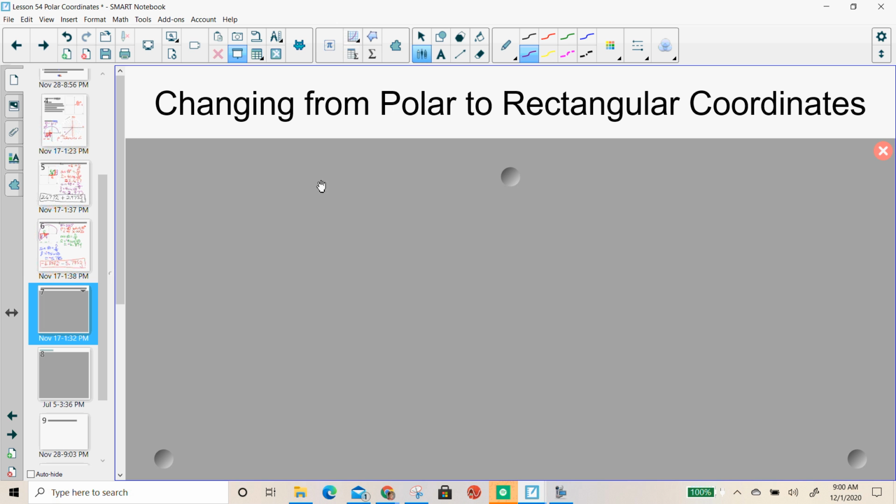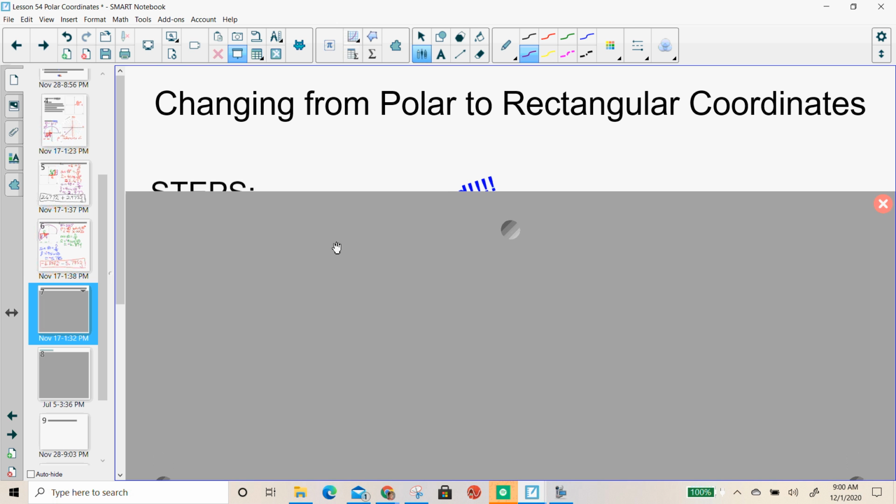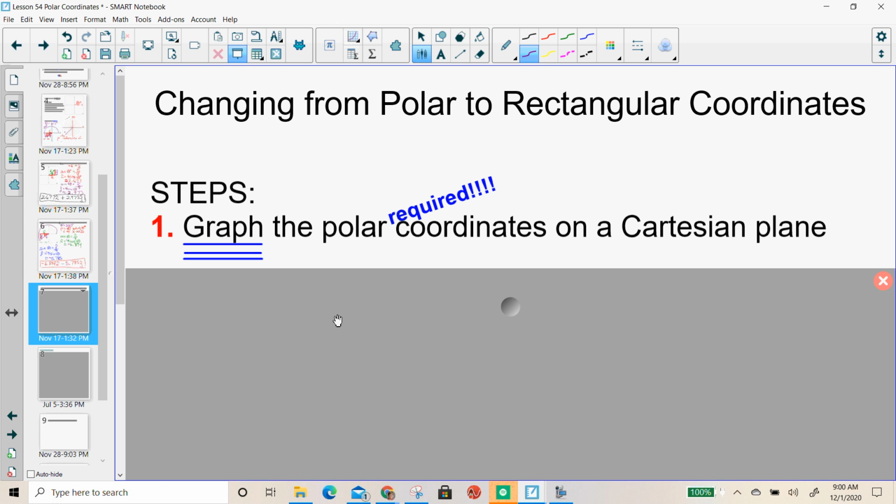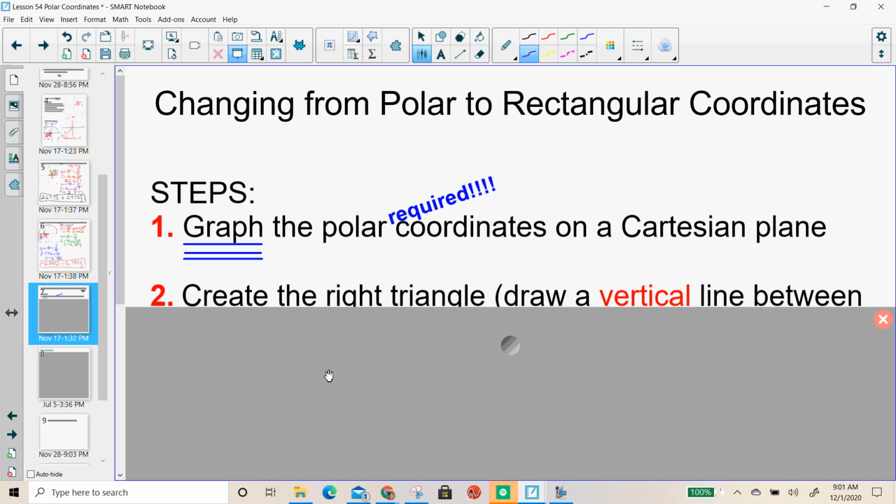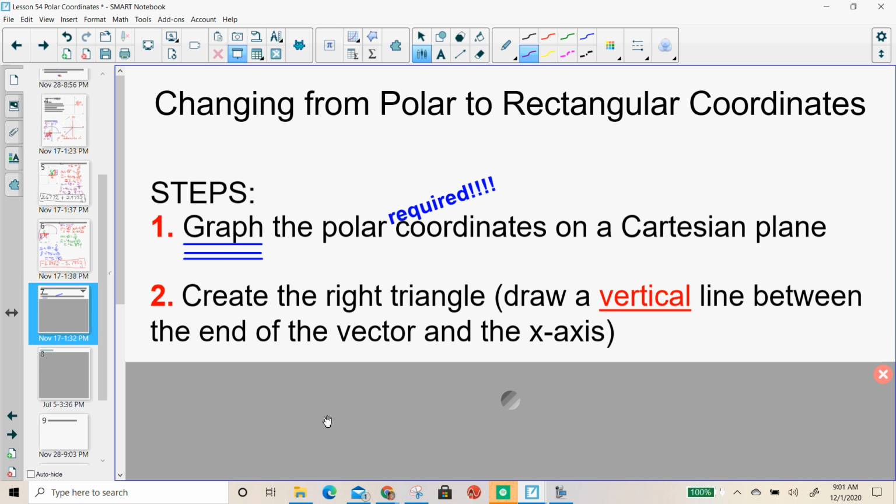When we have it in polar form and we want to change it to rectangular, you must draw the graph, label your angle, label how long that hypotenuse is. Then you must make a right triangle. So you're going to draw a vertical line going from the end of the vector to the x-axis.